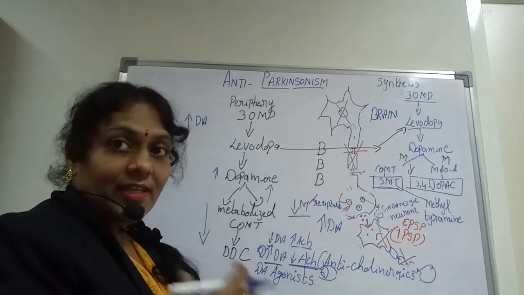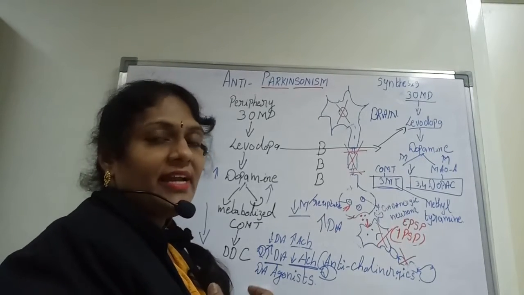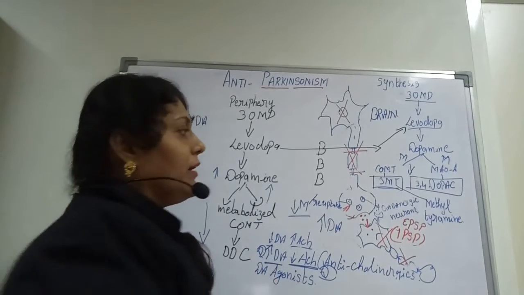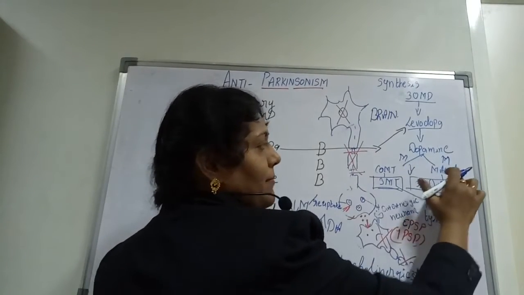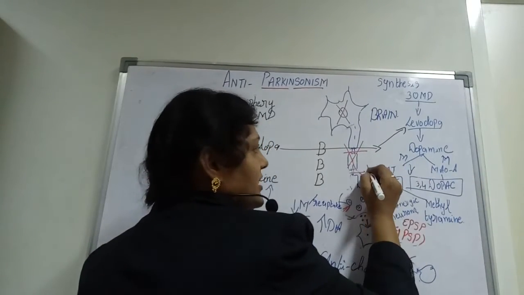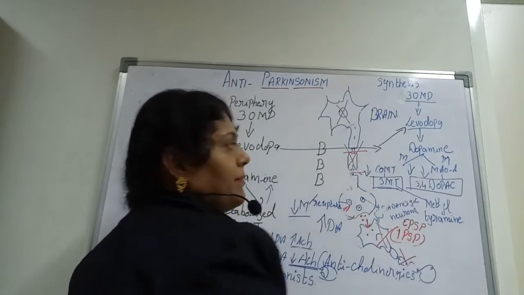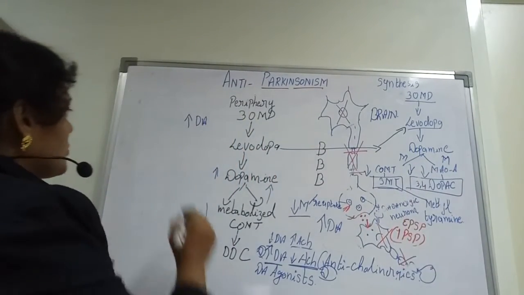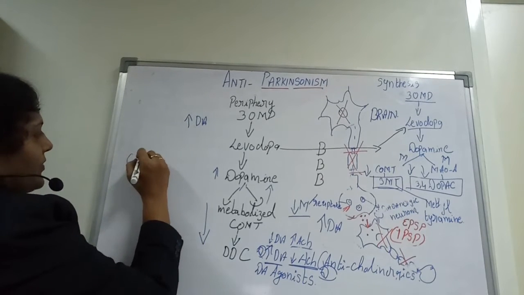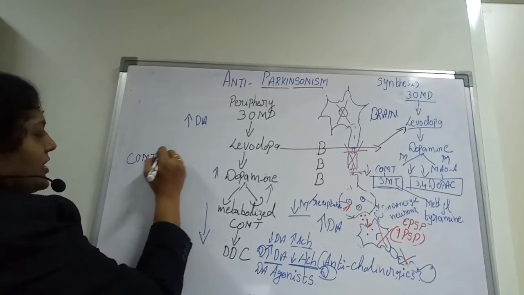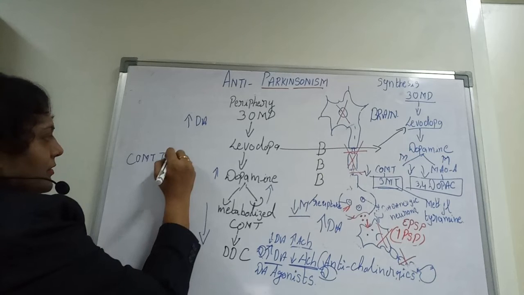So we can develop DA agonists, or act through COMT inhibitors, or MAO inhibitors can also be used. So the categorizations can be COMT inhibitors. Why?